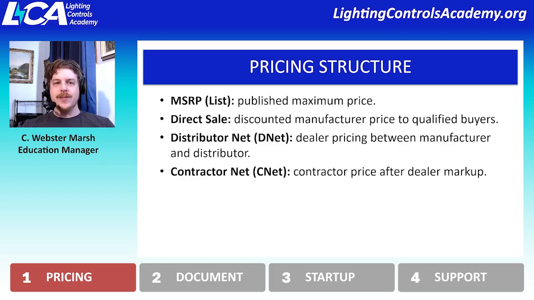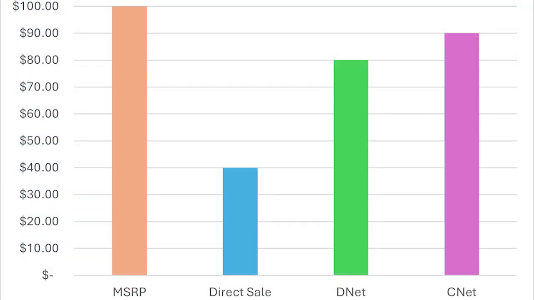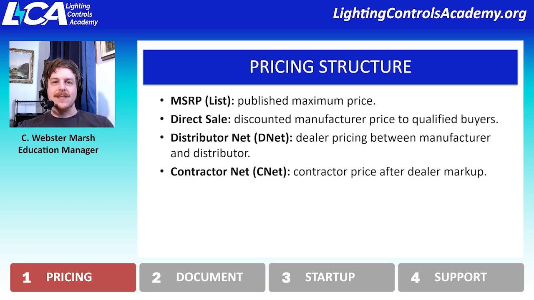Then there's contractor net or CNET, and the contractor is going to take that marked up DNet and they're going to mark it up some more to cover the cost of additional labor that might need to be associated with the specific purchase and receipt of that. Freight is usually independent of a DNet markup.